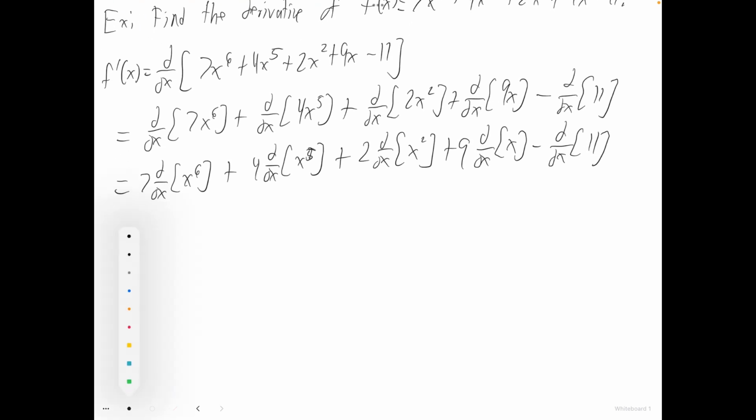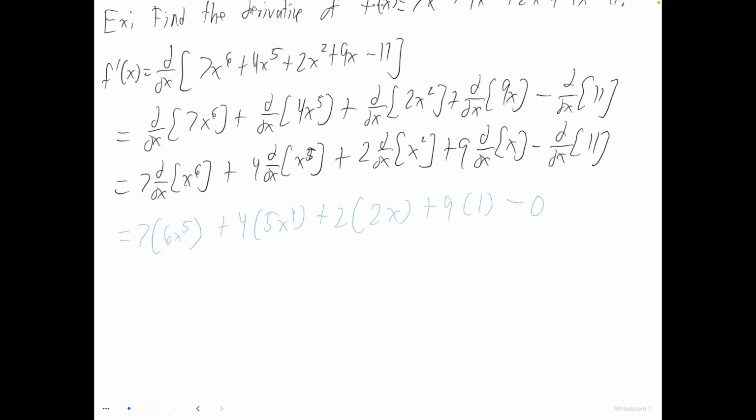So now we're going to compute each of these derivatives. So this is 7 times the derivative of x to the 6th, which is 6x to the 5th, plus 4 times the derivative of x to the 5th, which is 5x to the 4th, plus 2 times the derivative of x squared, which is 2x, plus 9 times the derivative of x, which is 1, minus the derivative of a constant. We know that's 0.